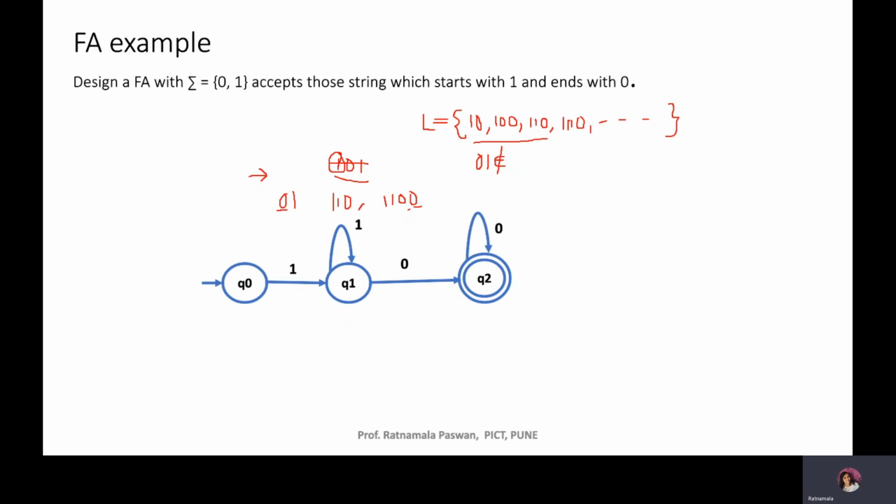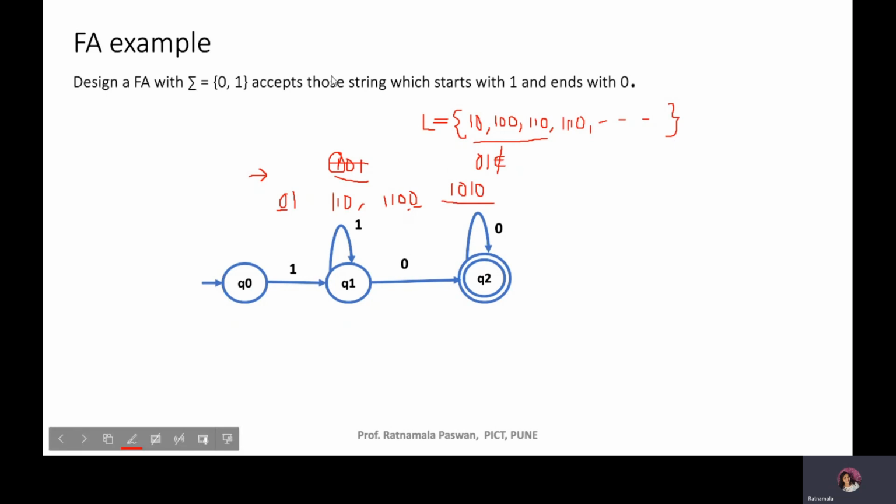Then only the valid string is accepted by the finite automata. Now this is again incomplete, because for example there is a string with the symbols 10, and then again 1, and then again 0. This is a valid string, right?